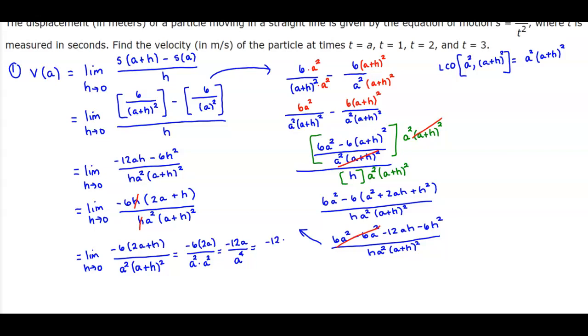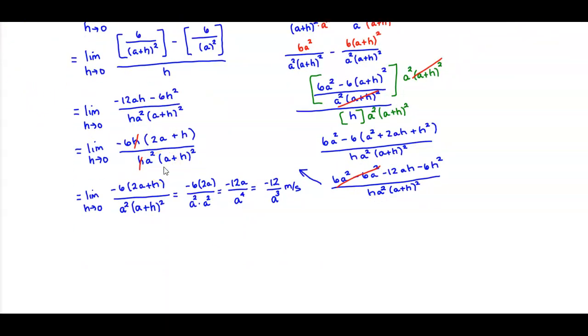So this gives us negative 12 over a cubed, and that's meters per second. So therefore that's going to be the velocity. So the velocity at a is equal to negative 12 over a cubed meters per second.